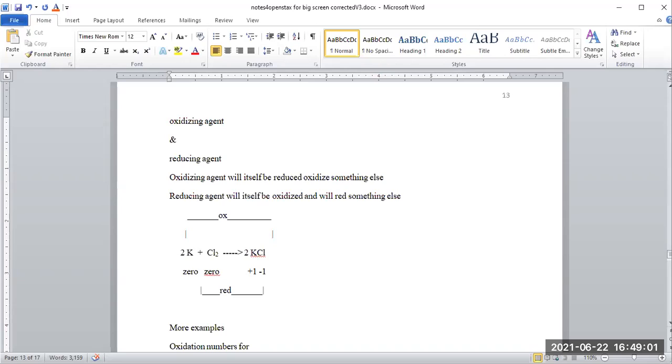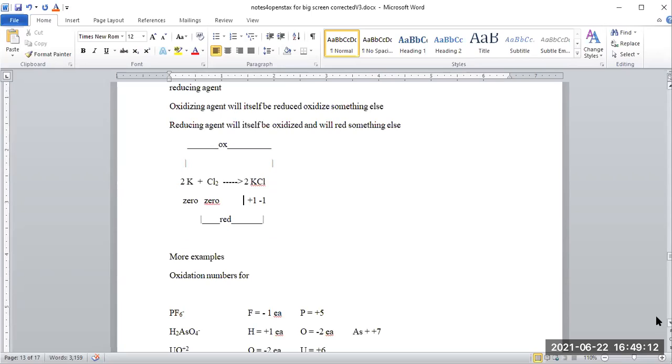My chlorine is being reduced. So since the potassium is oxidized, potassium is the reducing agent, and chlorine is the oxidizing agent.